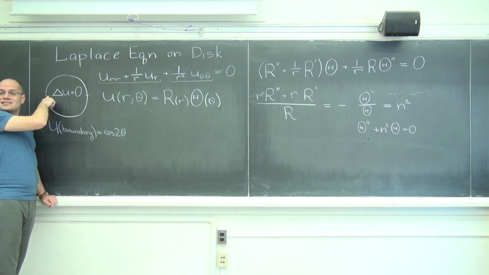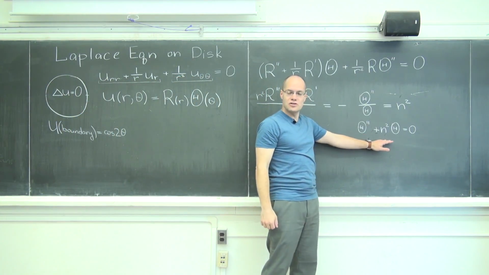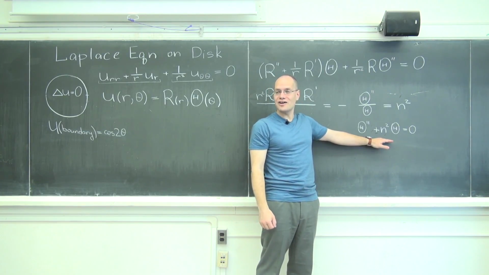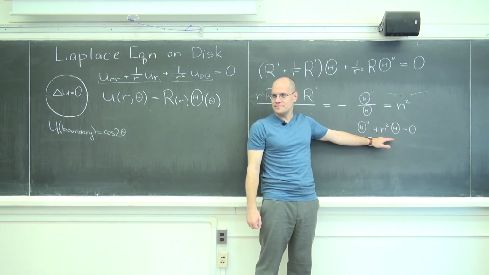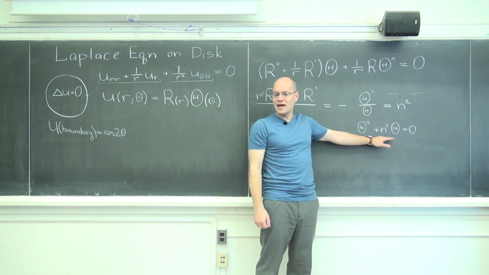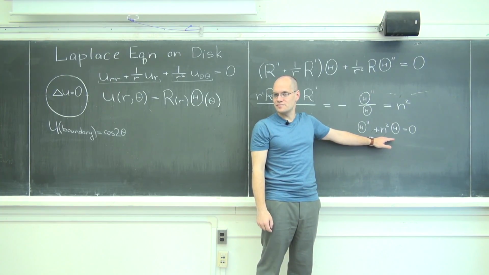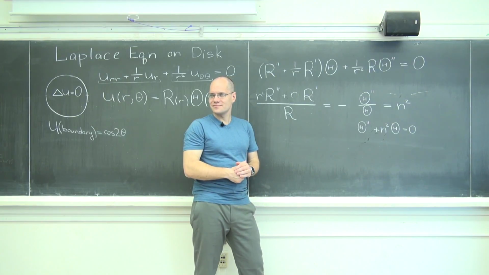So n does need to be an integer, because the solutions to this equation are sines and cosines of n theta. And if we want continuity, then n has to be an integer. And so the letter n is an appropriate choice.